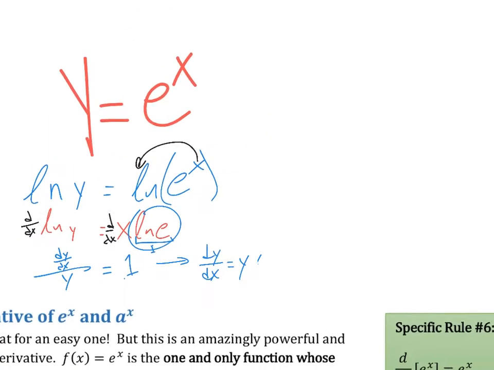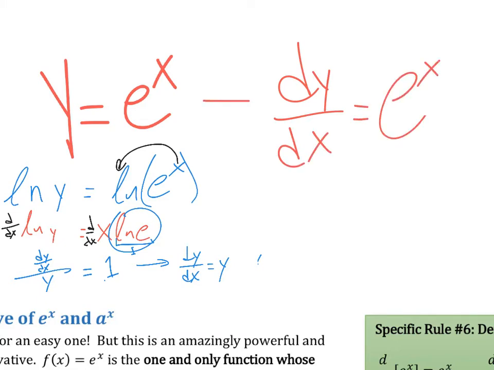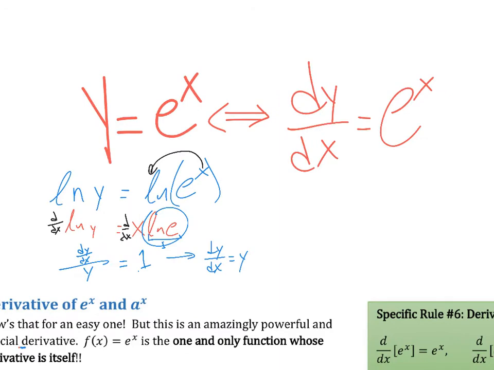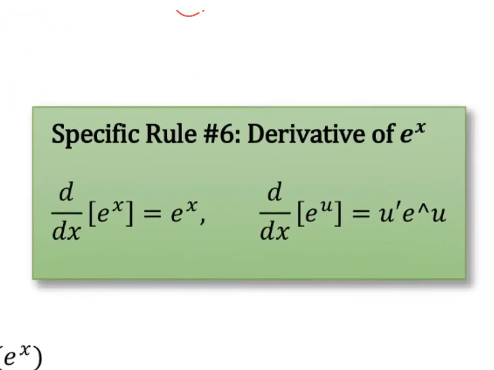So we just found out that if y equals e to the x, then dy dx is also e to the x. Amazing. So this is the one function whose derivative is itself. When you take the derivative, it does not change. Every other function changes. So that's how we find the derivative of e to the x.